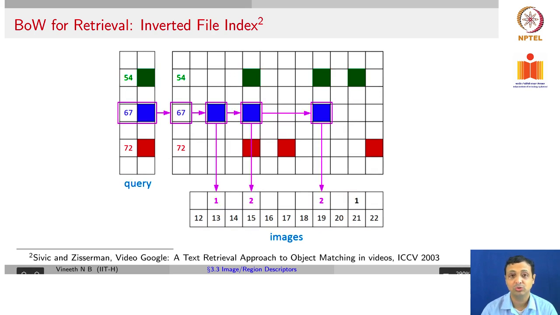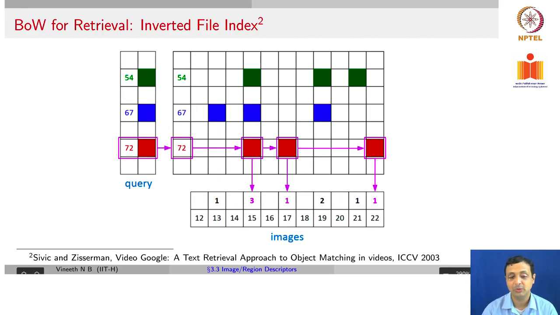Similarly, you would do this for the 67th word, and you'll get an increase in count for these two images, but no increase in count for 21st, which just had a green word. But the 13th image has an increase in count now.